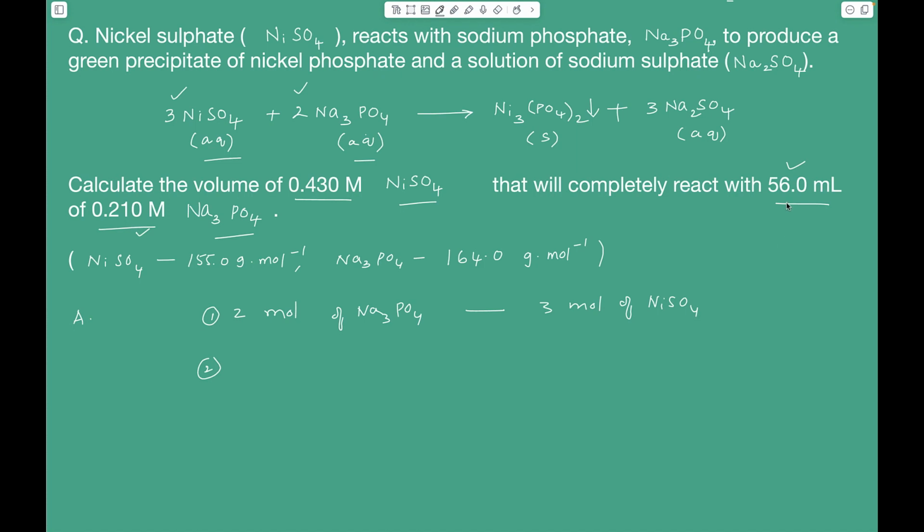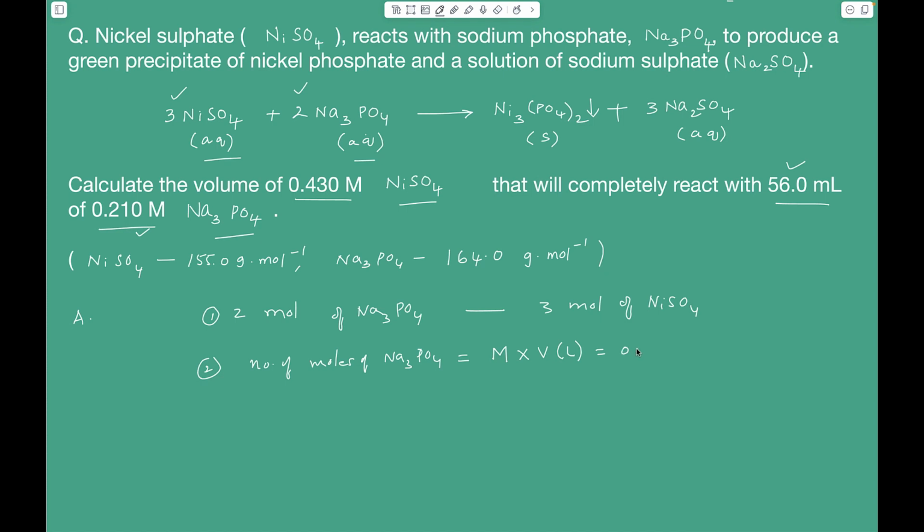From that data, we have to calculate the number of moles of sodium phosphate present in that solution, or the amount of substance of sodium phosphate present in that solution. How do you get that? It is simply the product of the molarity of the solution and the volume of the solution in liters.